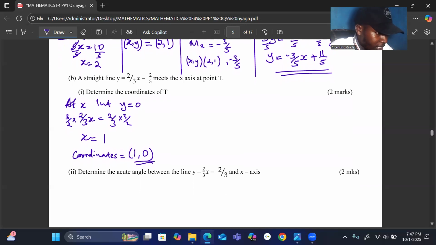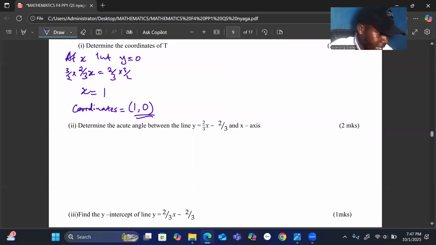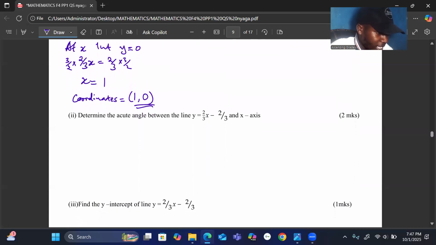Simple as that. Then determine the acute angle between the line y is equal to 2 over 3 x minus 2 over 3, and the x-axis. The acute angle. Remember, we know that tan theta is equal to gradient. And in this equation, our gradient is equal to 2 over 3.